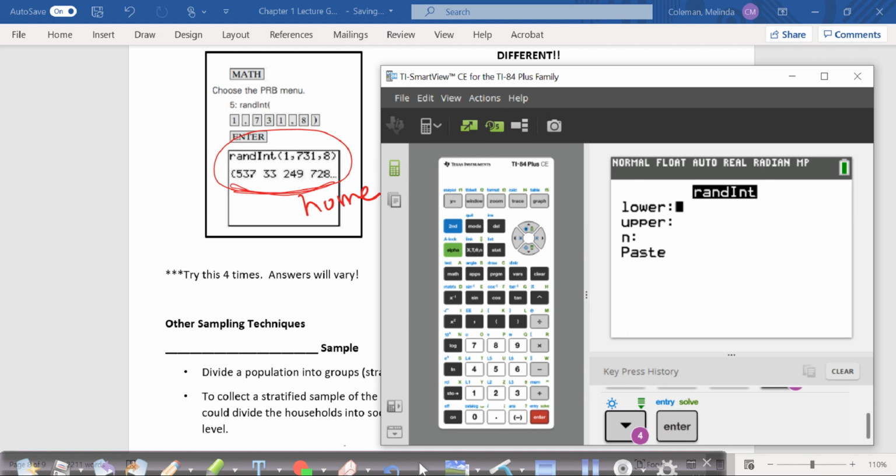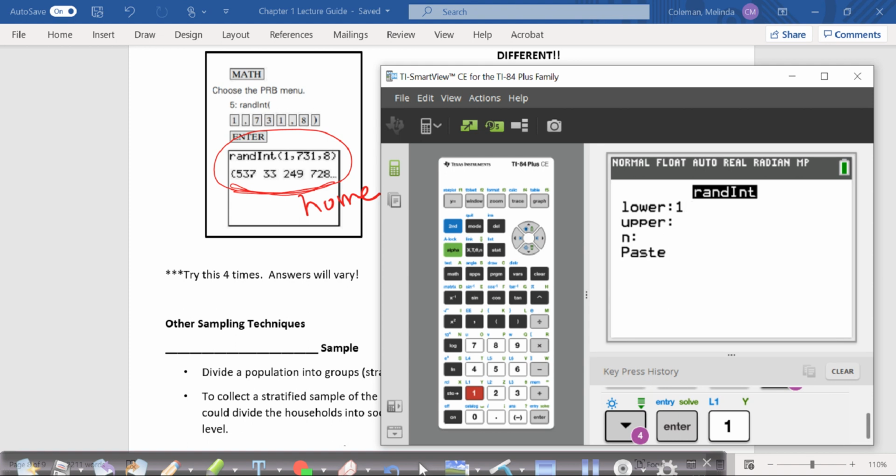So my calculator says I want an upper bound and a lower bound. So looking at this example, it said we were going to sample 731 students currently enrolled in a stats class. You wish to form a sample of 8 students to answer some survey questions. So the lower limit would be 1.